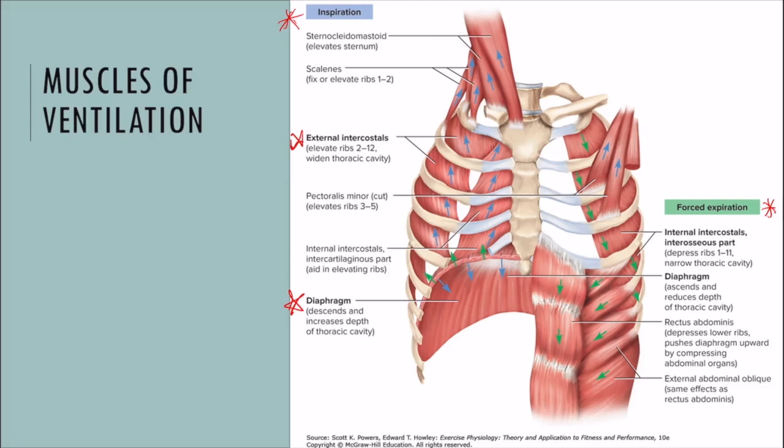And scalenes are actually active during most inhalation, but they're not considered a primary mover. Exhalation at rest in a healthy population should be passive. The recoil of that diaphragm, the elastic recoil of the lungs, should create enough positive intrathoracic pressure to move air out, but we can kick in internal intercostals, and then the abdominals are a huge muscle for that.